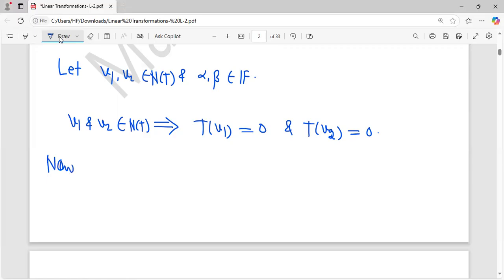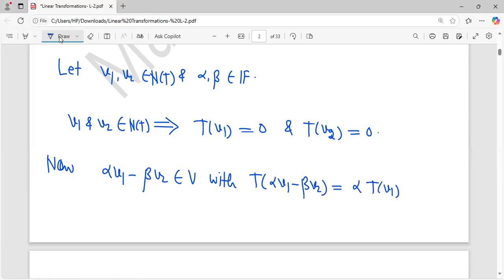Now alpha v1 minus beta v2 belongs to V, with T(alpha v1 minus beta v2) is equal to alpha times T(v1) minus beta times T(v2), which is 0 minus 0, equal to 0.